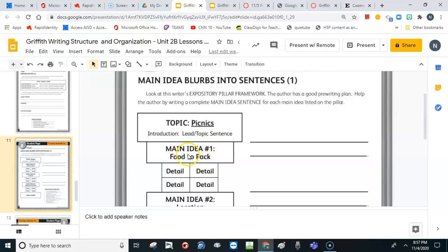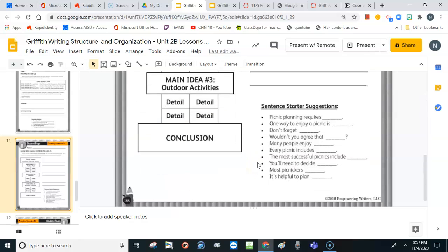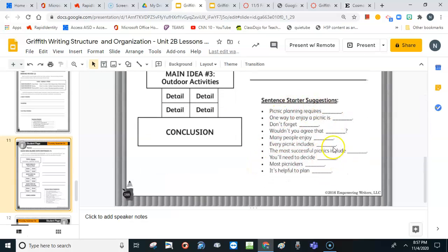Today, we are going to develop these main idea blurbs into sentences. So the first one is food to pack. And we have some sentence starters here. Picnic planning requires. One way to enjoy a picnic is. Don't forget. Wouldn't you agree that? Many people enjoy. Every picnic includes. The most successful picnics include.